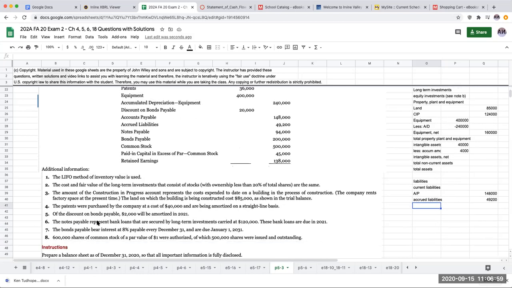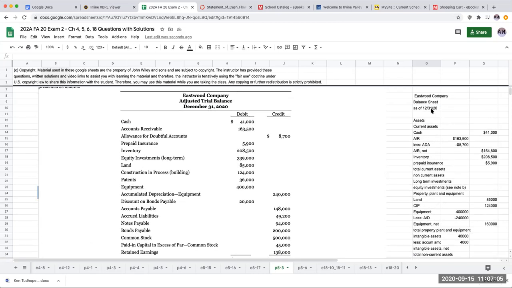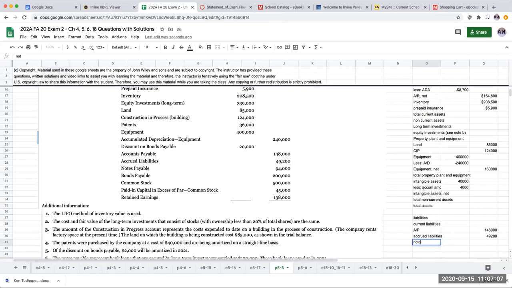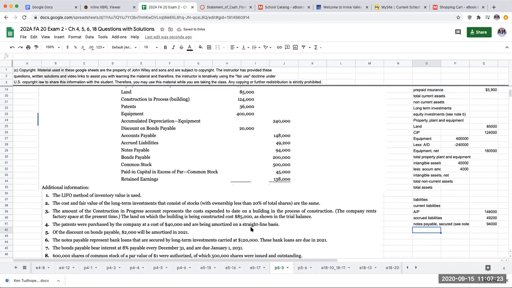And my notes payable are going to be a current liability because if they're due in 2021, that is within 1 year of this balance sheet date. And I'm saying secured because this again is being secured by those equity investments. Okay, so again, we would want to make some kind of notation.